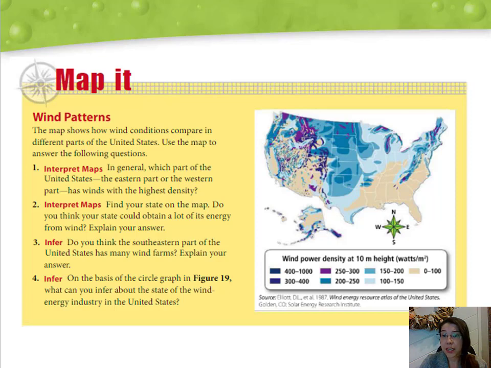And we can see the different shades of blue, purple, and beige that kind of go over the U.S. So let's look at number 1. Interpret maps in general: which part of the United States, the eastern part or the western part, has winds with the highest density?